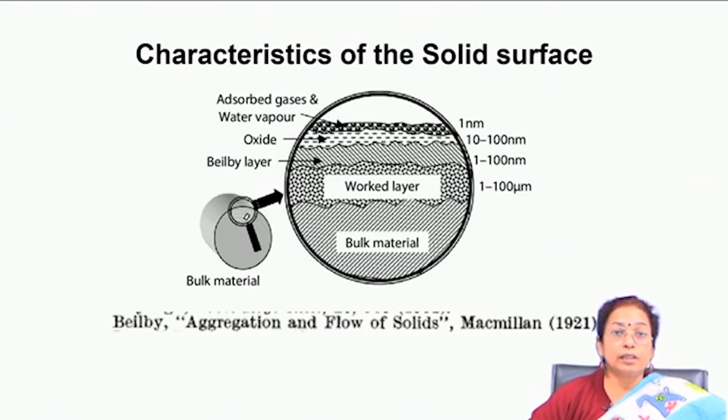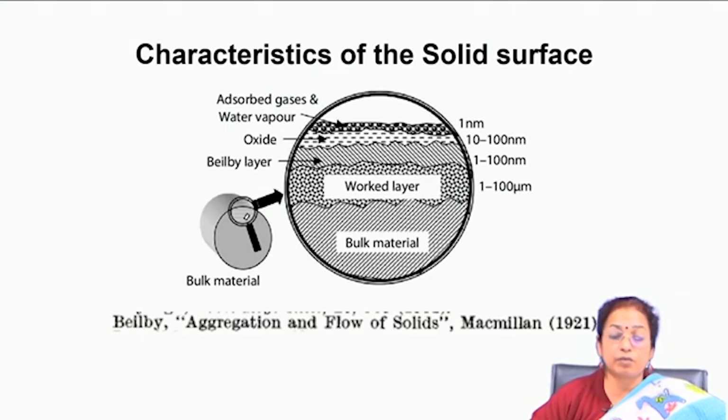Now, if you go to a lower scale, if you just keep magnifying further and resolve it a little to a larger extent, like the microscopic arrangement of the surface but not really the atomic arrangement, you will find that depending on the zone where you are observing, the structure again varies. It is a multi-layered structure, where near the surface there are a lot of adsorbed gases and water vapor, or you will find reconstruction or relaxation phenomena under ultra high vacuum.